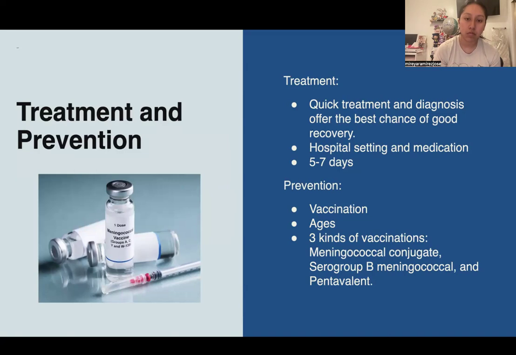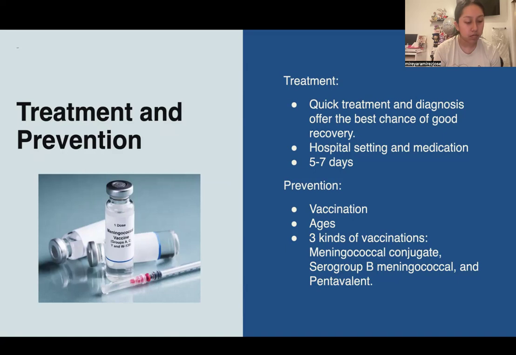Usually they'll get steroids and antibiotics, and sometimes when people are admitted to the hospital, they need oxygen as well. Someone with this bacterial infection can be in the hospital anywhere from 5 to 7 days. However, if they're recovering quickly, they can sometimes be discharged sooner.